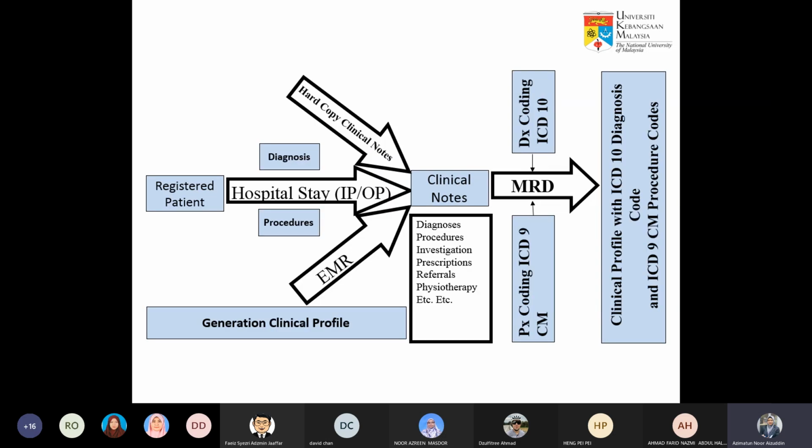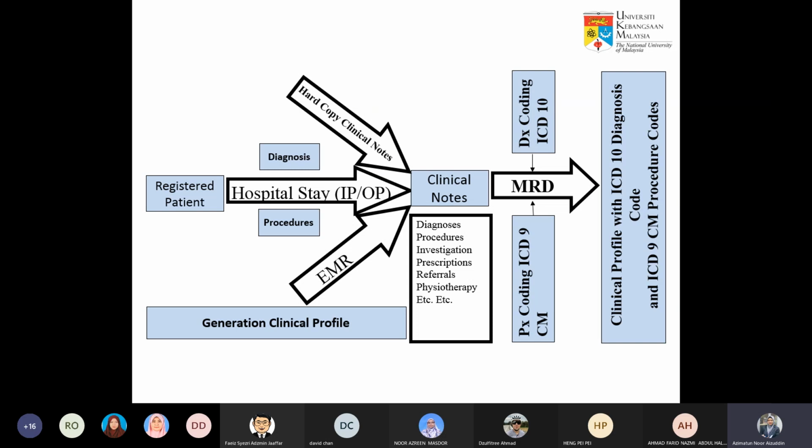Okay, daripada registered patient, kita masukkan patient masuk dekat hospital, datang ke outpatient visit ya. Kita berikan dia diagnosis kenapa dia masuk, kemudian kita mereka melalui prosedur ya, kita kodekan dia punya prosedur. Kemudian kita dapat the whole clinical notes ya.